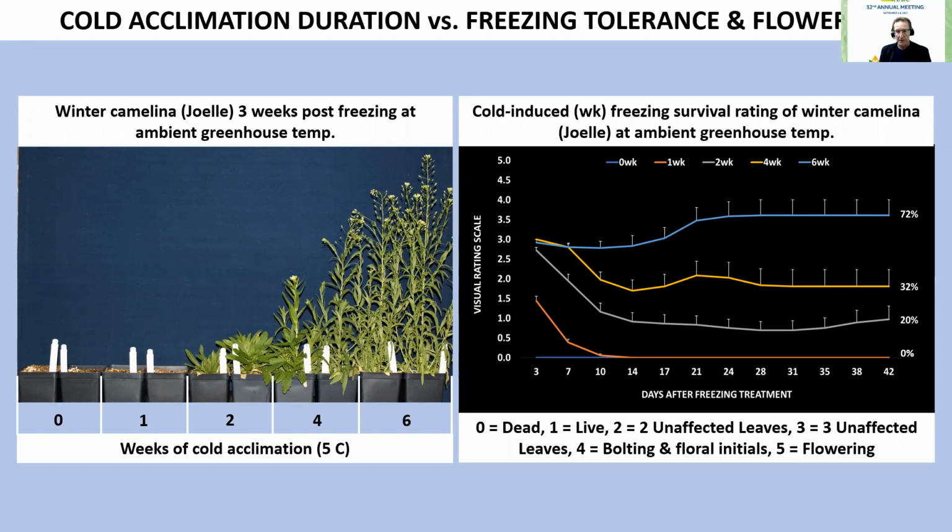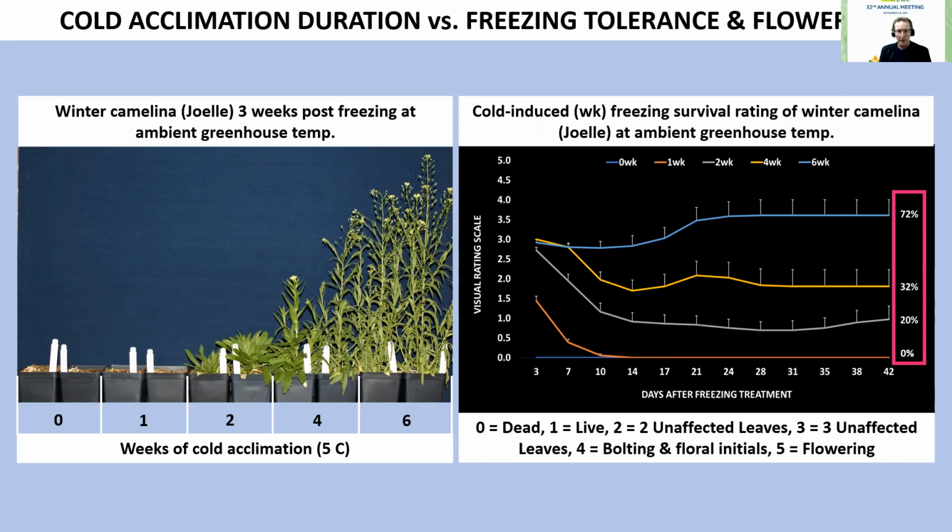However, all plants that did survive the freezing treatment also flowered, but initiation of bolting and flowering was dependent on the cold treatment duration, with plants receiving 6 weeks of cold bolting and flowering first, followed in order by plants exposed to 4 and 2 weeks of cold.